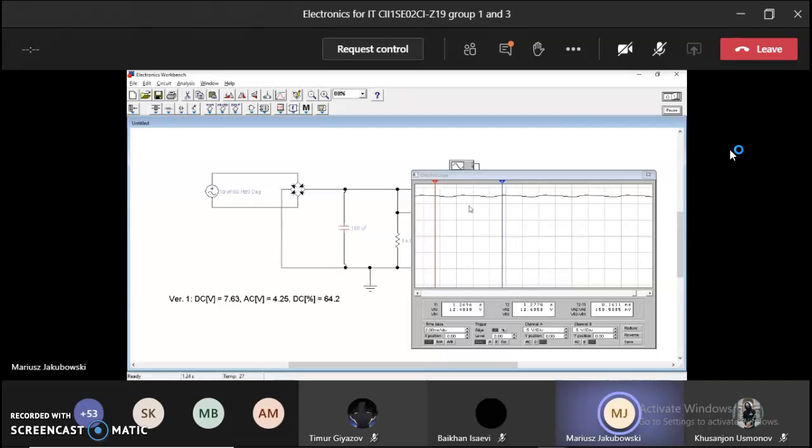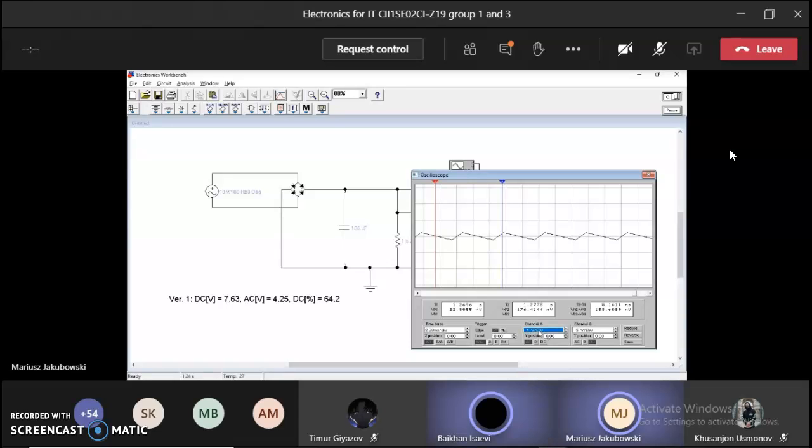And so now you can see that there are some ripples across this straight line, but it looks much better than the previous. Again, we can take a further look by removing the DC component from the signal and increasing the scale, volts per division.